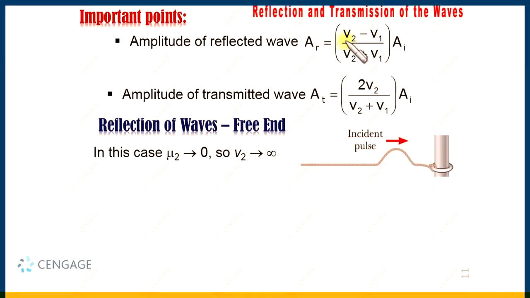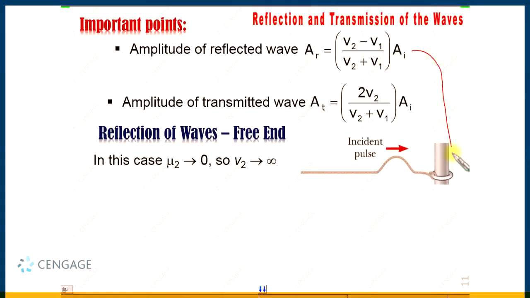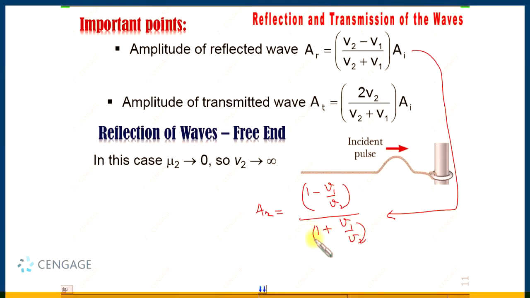Because if V2 tends to infinity, this equation can be written as AR equal to (1 minus V1 by V2) divided by (1 plus V1 by V2) multiplied by AI.